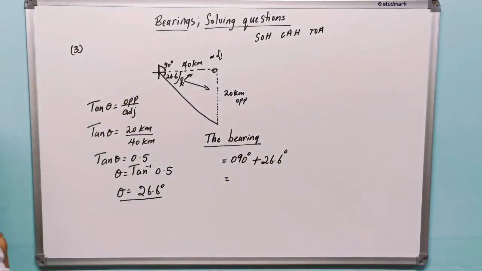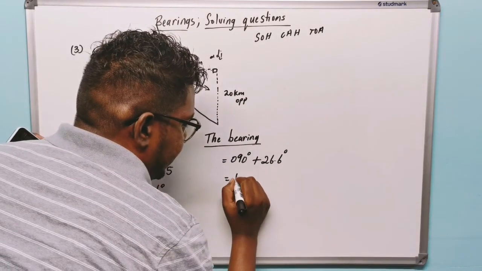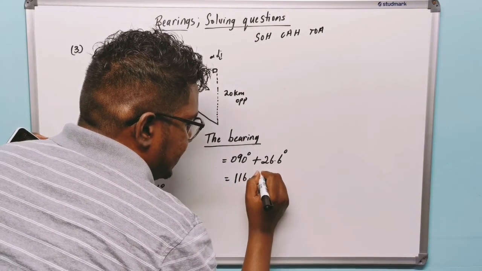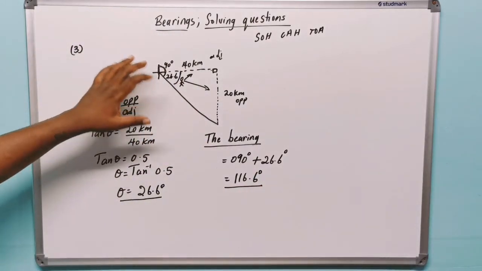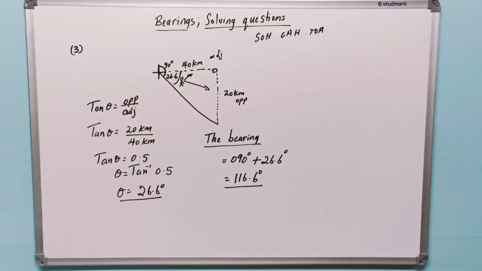And when we add the two, we're going to get 116.6 degrees. So the bearing that this ship travels on is 116.6 degrees when it travels 40 km east and 20 km south.